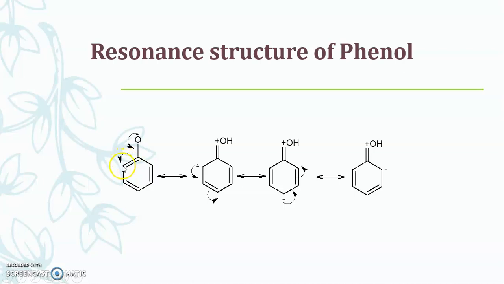So this carbon atom gets these electrons or negative charge. Again this is unstable, so it transfers its electrons to the next carbon atom. This is a continuous process, and the charge circulates over the ortho position carbon atom, then the para position carbon atom, and again the other ortho position carbon atom. In this way the charge is continuously circulating over the phenolic structure.